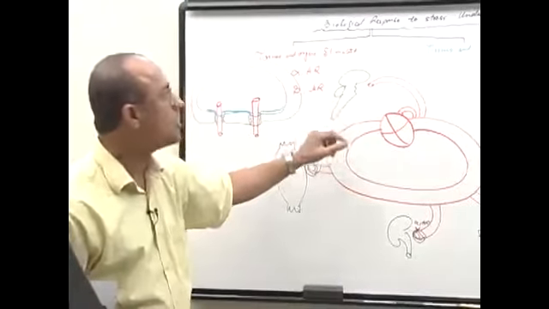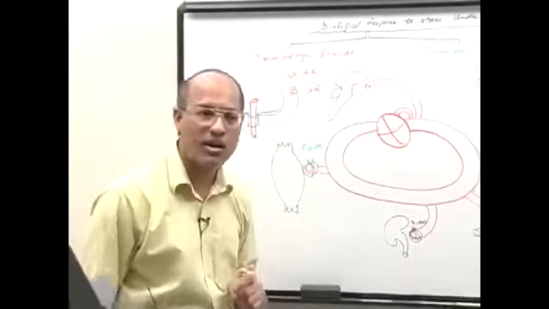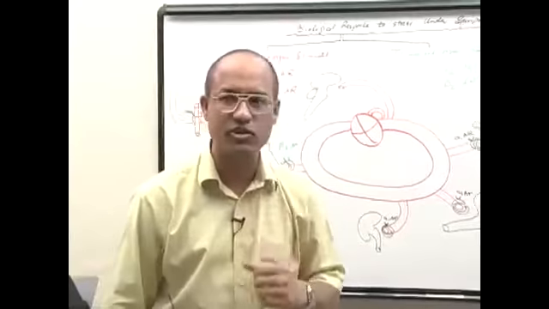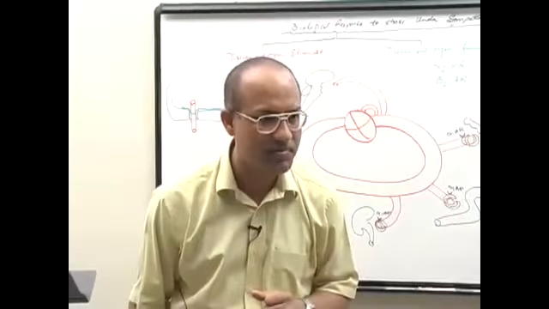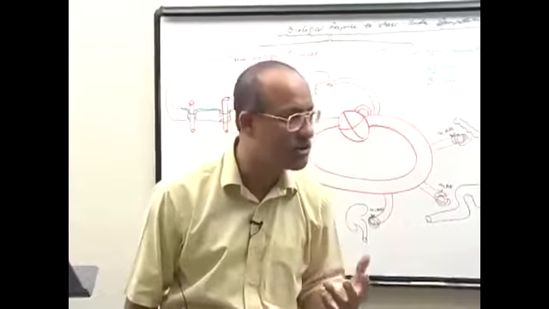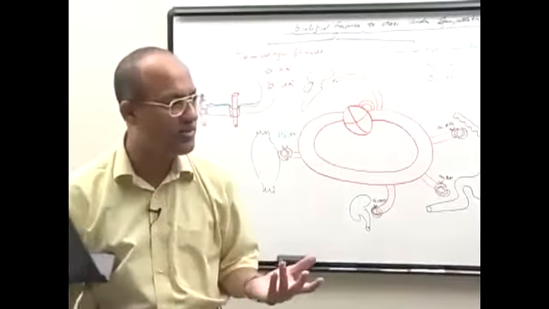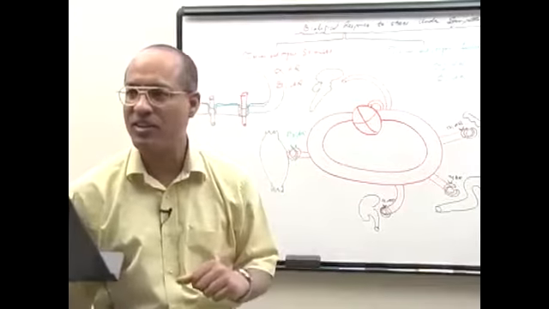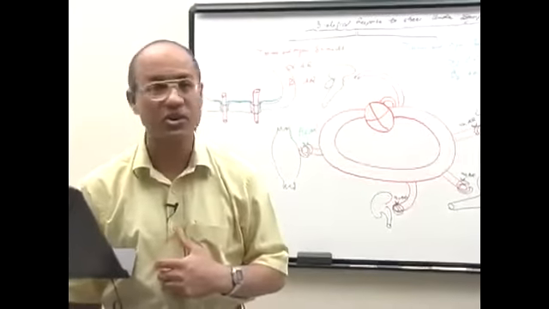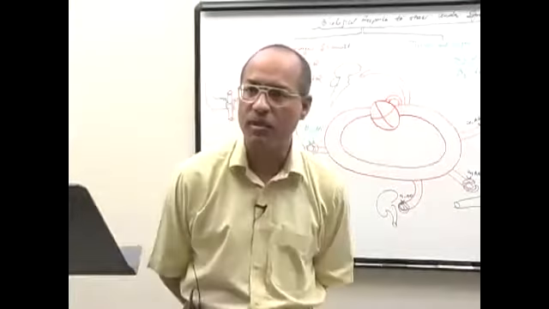Am I clear? So, cerebral blood vessels do not have any significant concentration of what? Adrenergic receptors. So sympathetic fluctuations don't control cerebral blood flow.